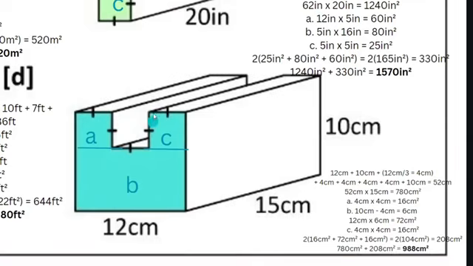And next we calculate C: 4 cm times 4 cm equals 16 cm square. 16 cm square plus 72 cm square plus 16 cm square equals 104 cm square. Then you take 104 cm square times 2 because there are two faces, and the answer will be 208 cm square. Then you take 780 cm square plus 208 cm square, and the answer would be 988 cm square.